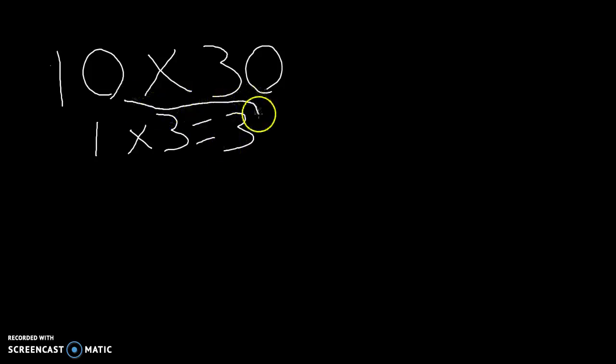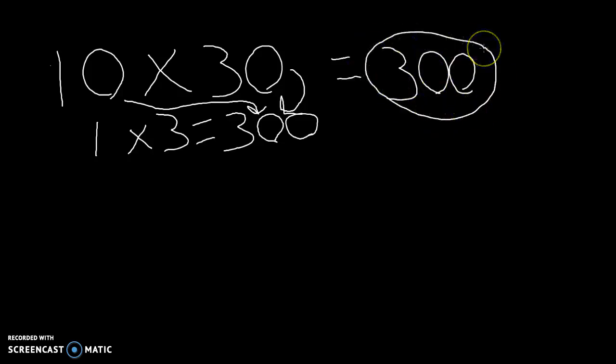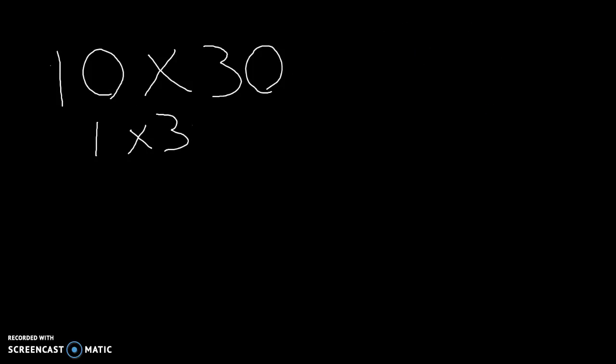So we carry the 0 from the 10, and we carry the 0 from the 30. So 10 times 30 equals 300. See, it's a very basic way that you can do this.